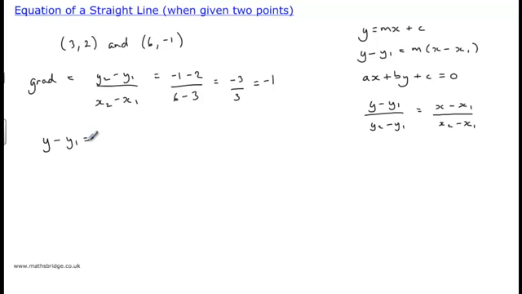If we now use the equation in the form y minus y1 equals m(x minus x1), and we use either of the points, in this case I'll use the first point given, we find that y minus 2 equals minus 1(x minus 3). So the equation of the straight line is y equals minus x plus 5.